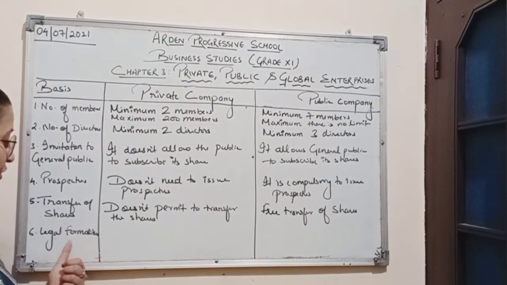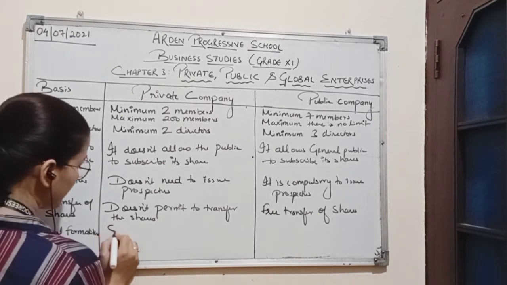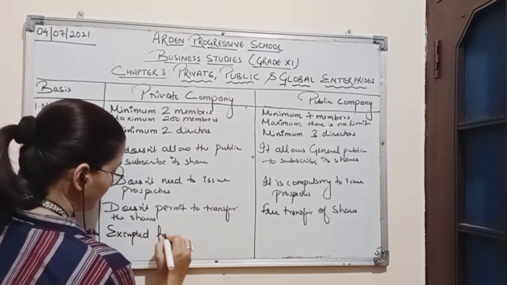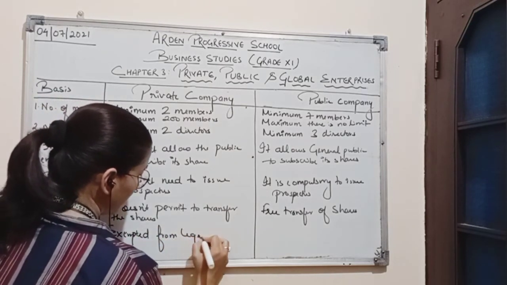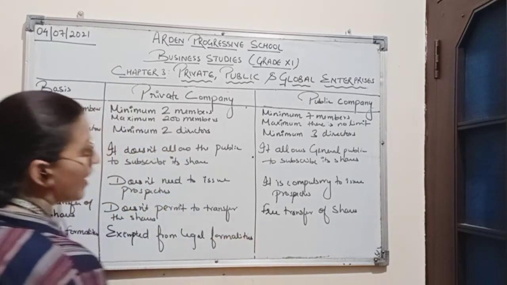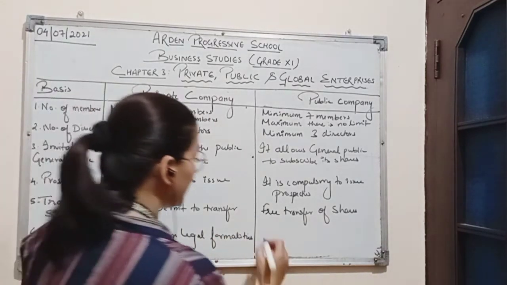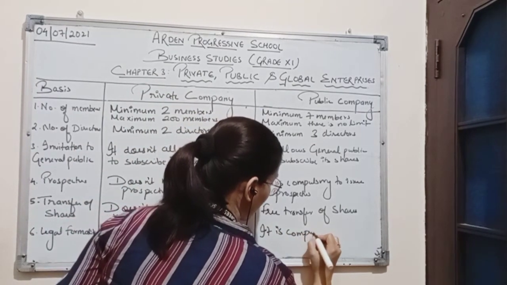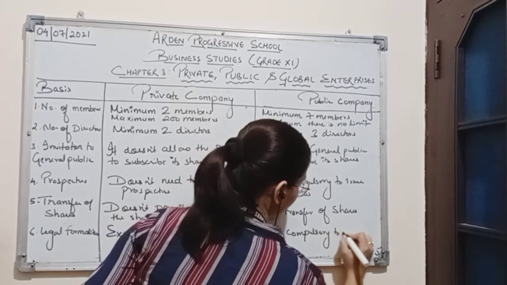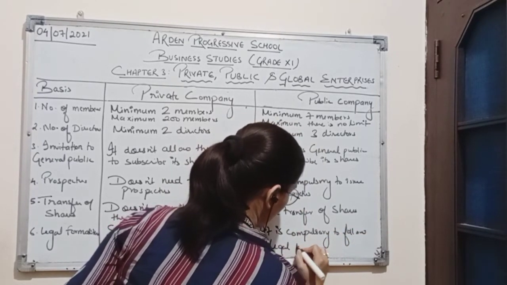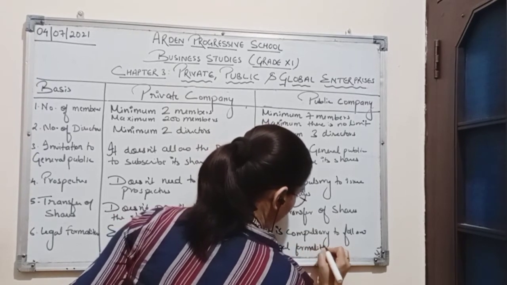Now the last point of difference is legal formalities. Private companies are exempted from legal formalities, whereas in a public company it is compulsory to follow legal formalities.